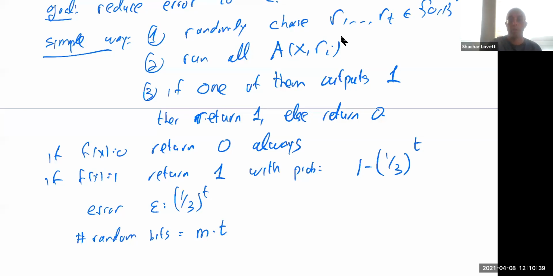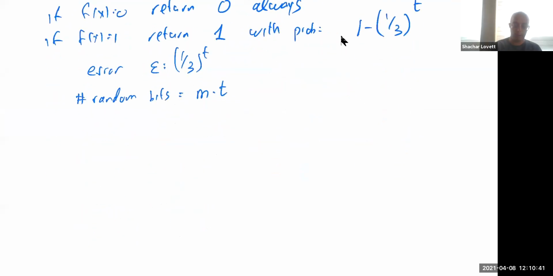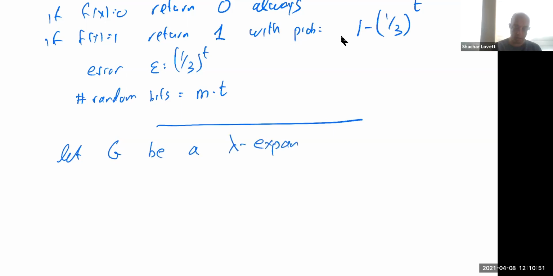Okay, so how can we use expander graphs? Here's going to be a cool application. Let G be a lambda expander where the nodes I'm going to think of as being {0,1}^m. So I'm identifying the nodes of this expander by all possible values of the random strings that this algorithm might take.